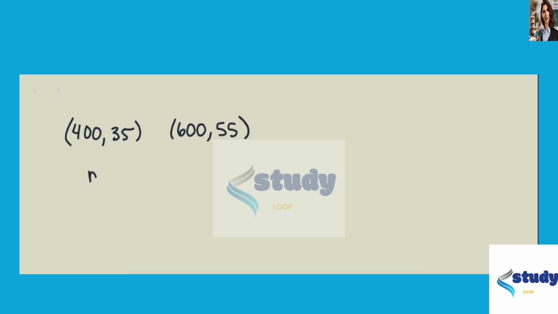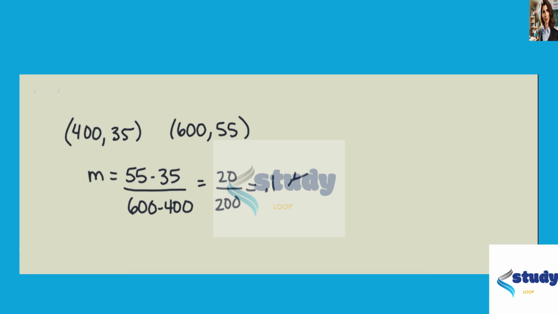Let's find the slope. y2 minus y1, 55 minus 35, over x2 minus x1, 600 minus 400, and that gives us 20 over 200, and that gives us 0.1. And then at this point we should go, oh yes, of course that's the slope. That was the charge per minute. That makes sense. That's the rate of change. Slope is rate of change.